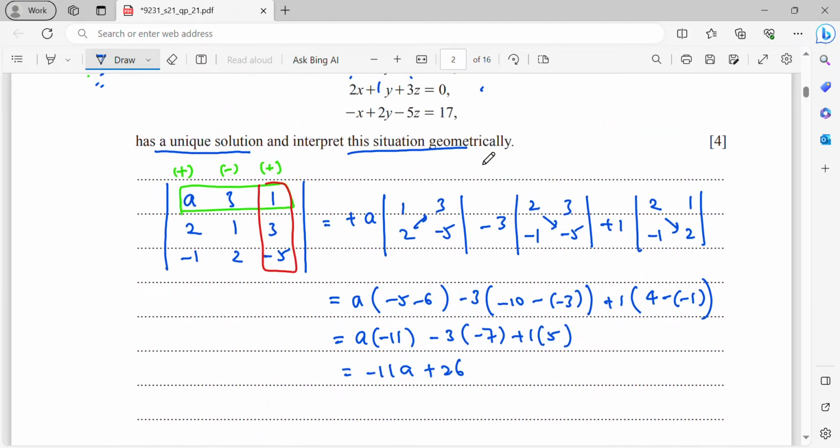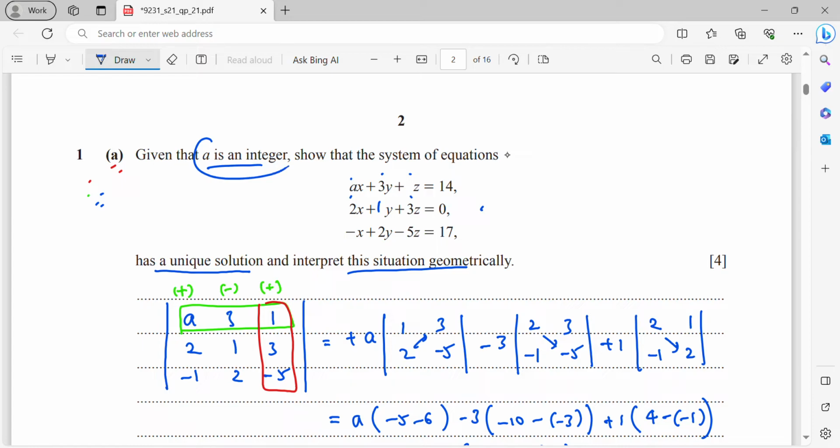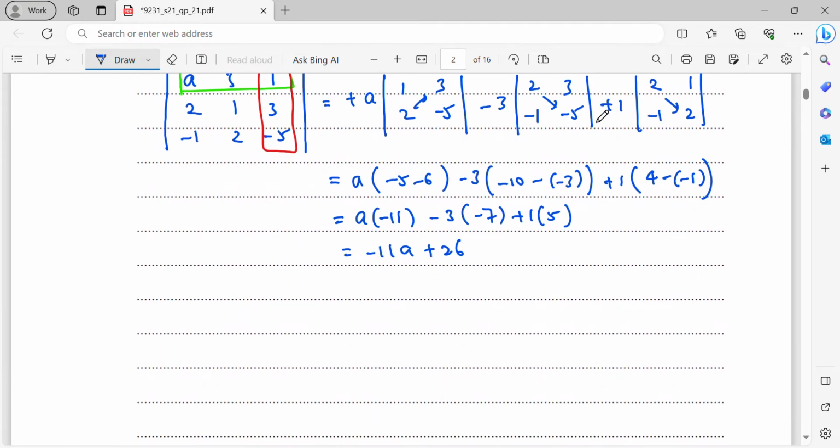From here, we know that a is an integer. If a is an integer, the determinant will not be 0. Given a is an integer, the determinant will not be 0.